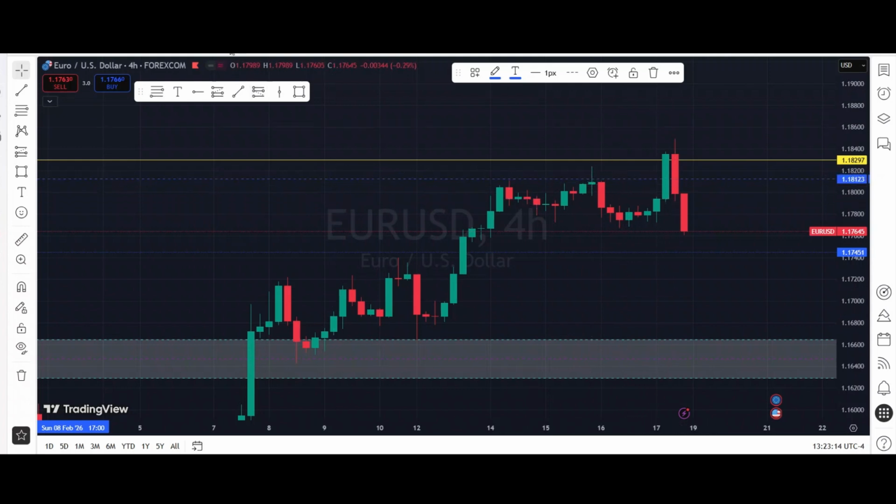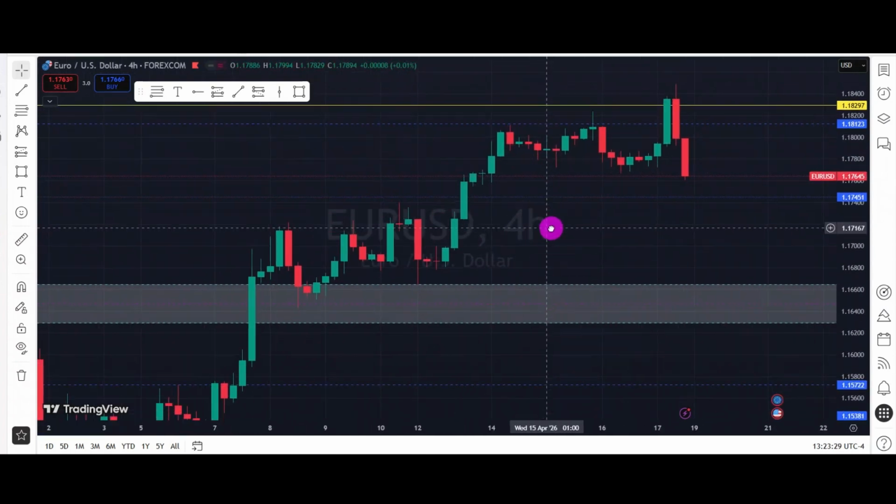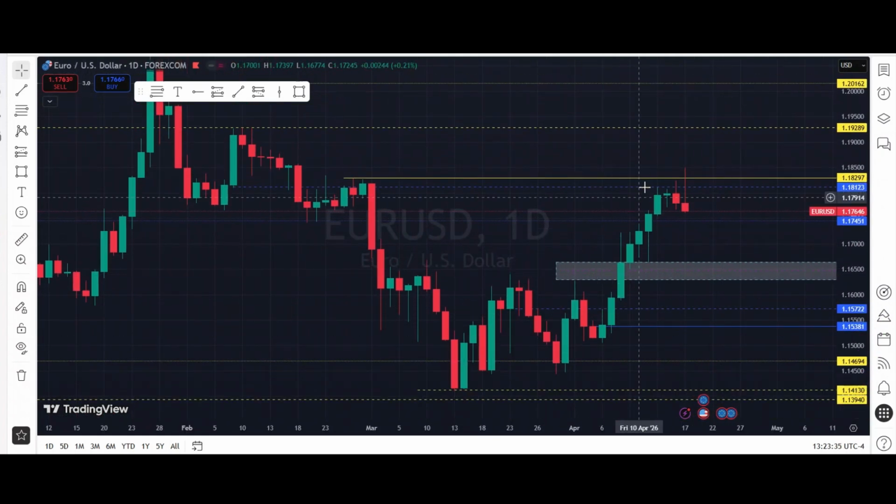So if we drop to the 1 hour, 4 hour, 15-minute, and 5-minute time frames, we begin to watch to see what price action it is going to create as the market opens to give us an entry for the week. I want to see price at least go back to rebalance itself and fill those inefficiencies, even if price will continue to go up, at least to come down and rebalance itself before it resumes on its way up.